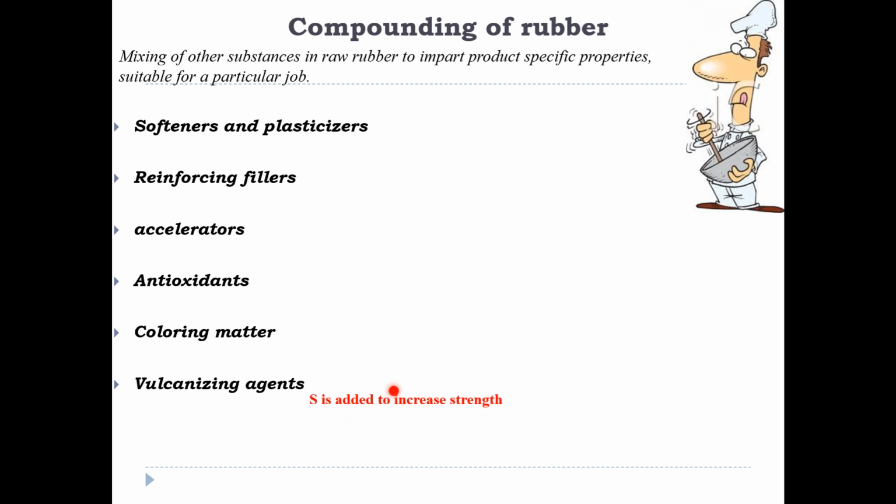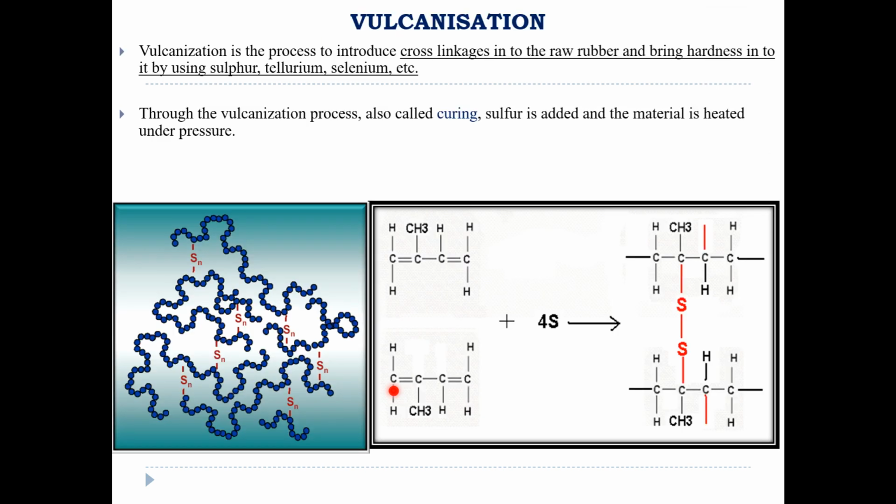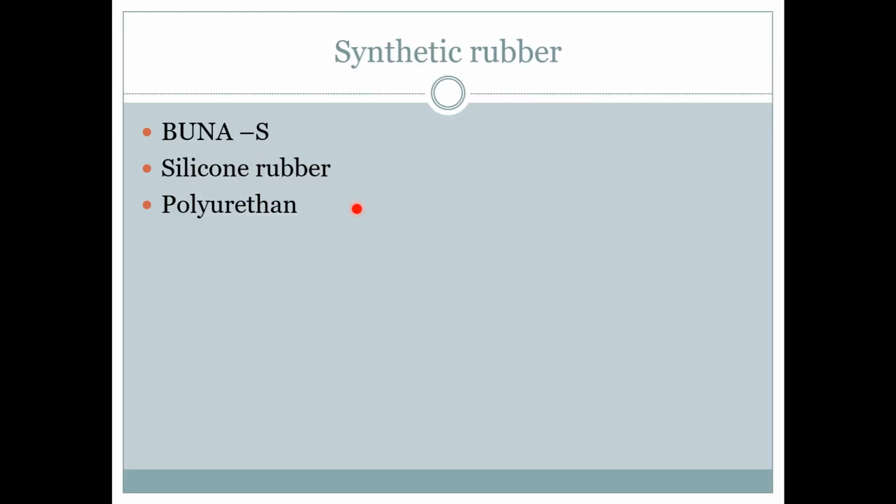And then after a lot of studies and experimentation, they zeroed in on a proper method of vulcanizing the rubber, like adding the sulfur to the rubber. Such type of rubber is generally used for making tires.